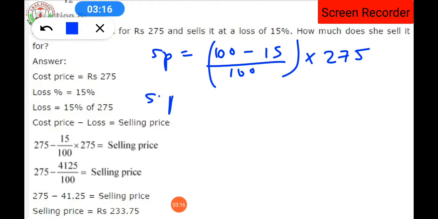So selling price is equal to 100 minus 15. 100 minus 10 is 90, 90 minus 5 is 85. So it will be 85 upon 100 into 275. This value we will get.